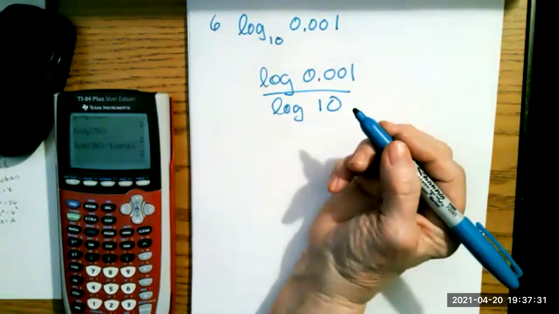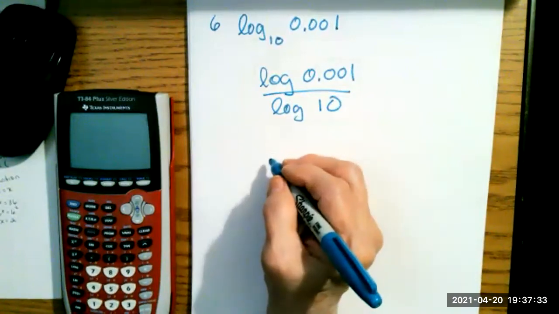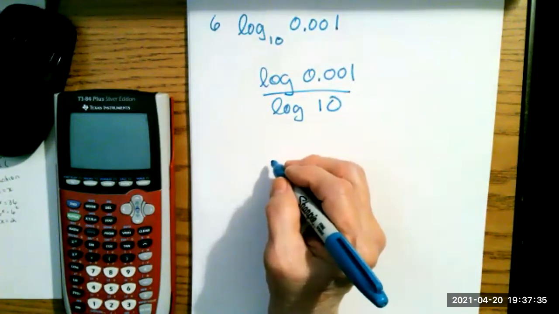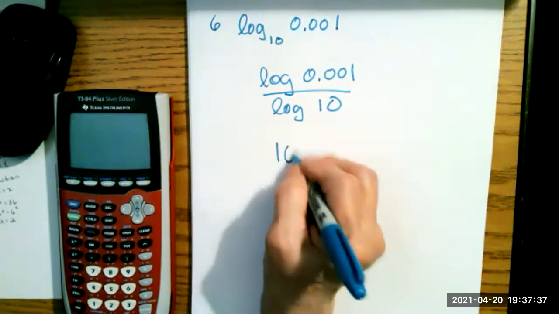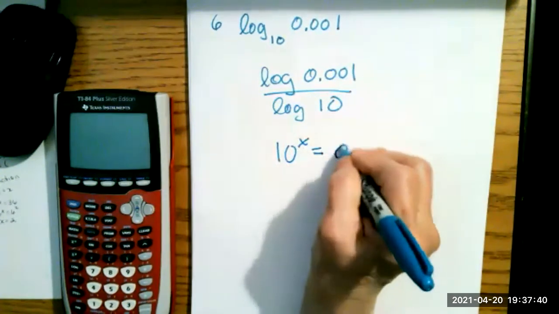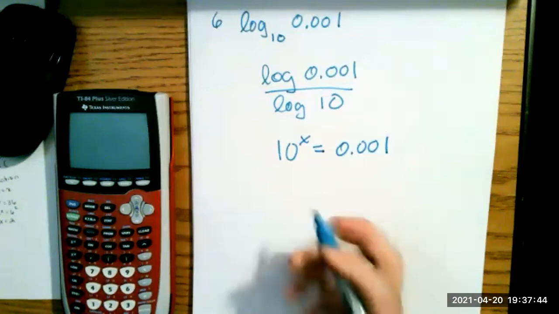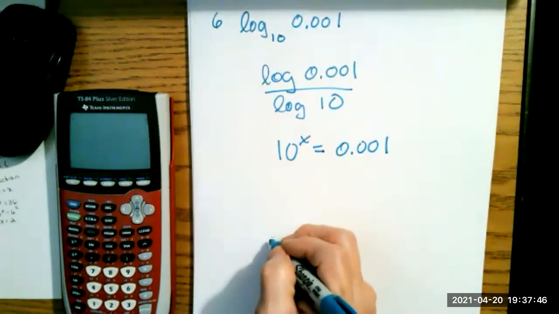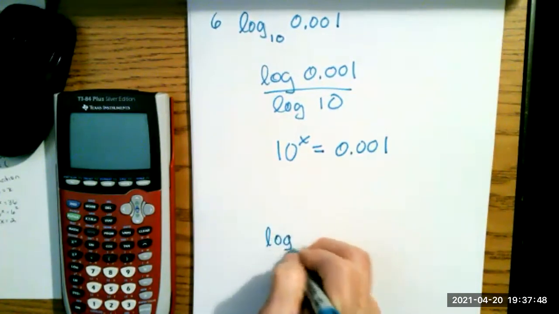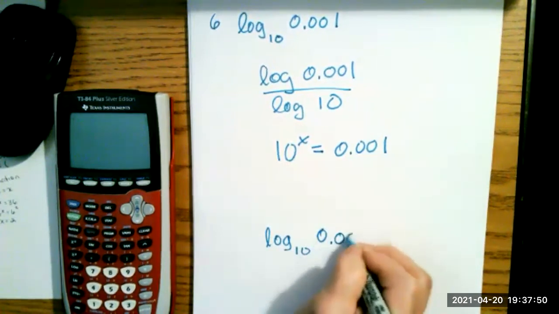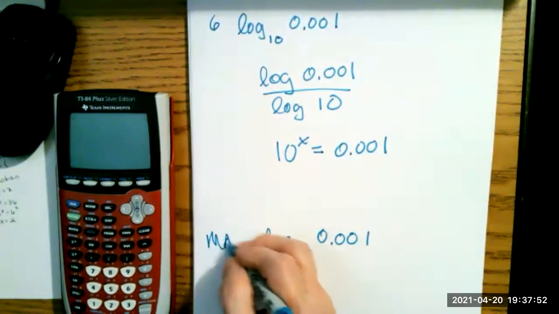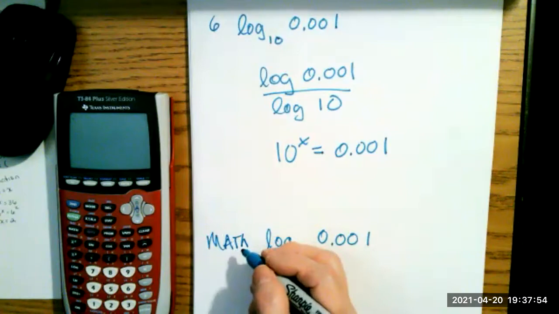Erica, can you do that one? Amanda, are you still on? Yes, ma'am. See if you can do 10 to the x equals 0.001 and figure that one out. And the other one is log base 10 of 0.001 using the math form.